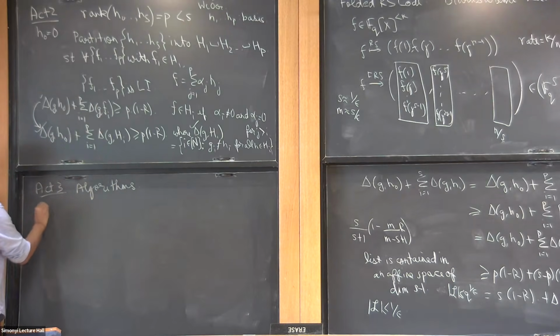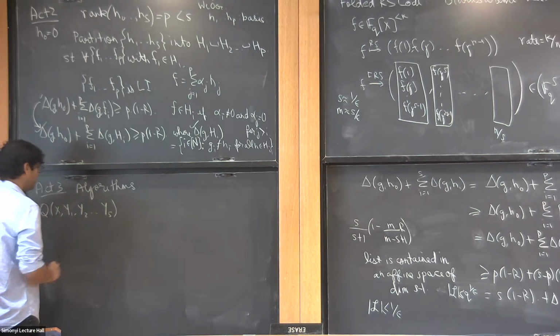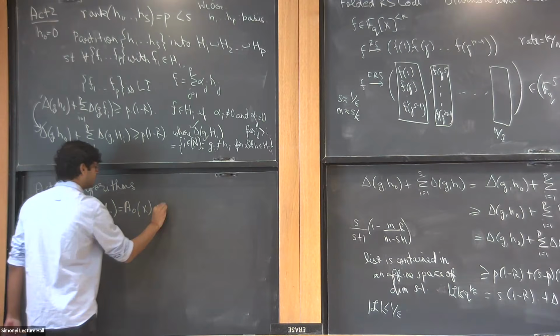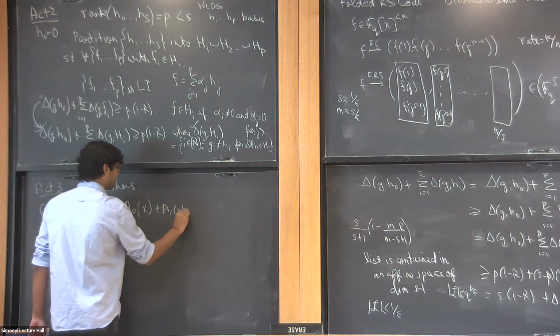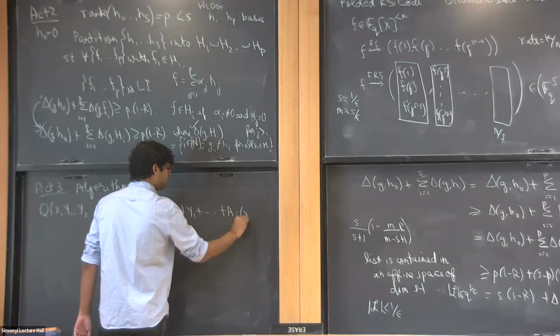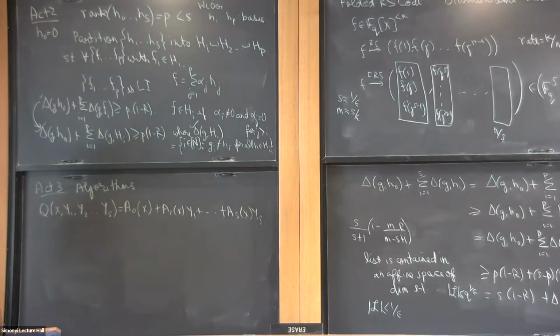And the idea is simple. Think of a multivariate polynomial where the y's are linear. The total degree in the y variables is 1.